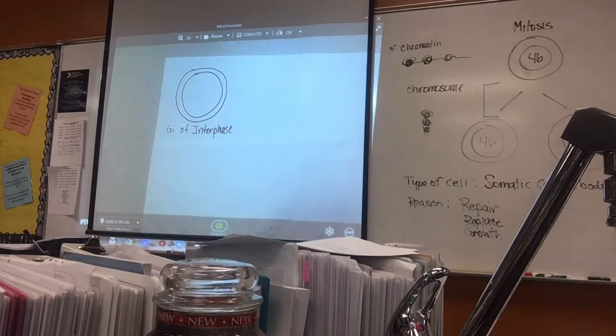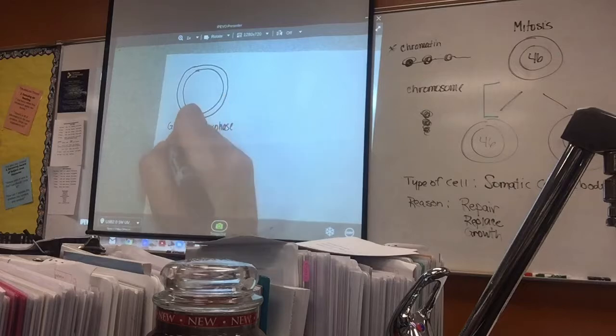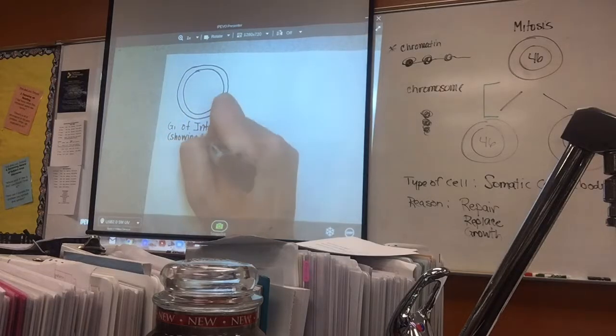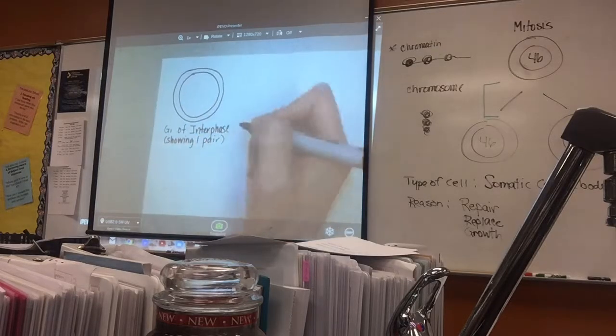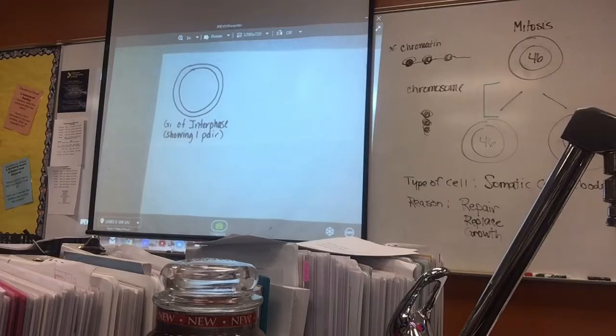And I'm going to put here showing one pair. And I'm going to talk about here in just a second what that means. So notice I'm doing the outline and just the writing in black. All right, I'm going to draw the DNA and so on in colors in just a second here. A pair.